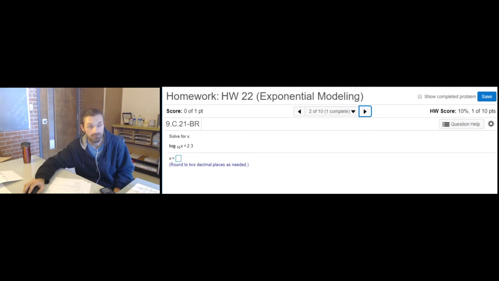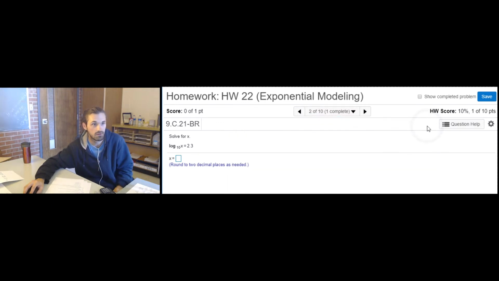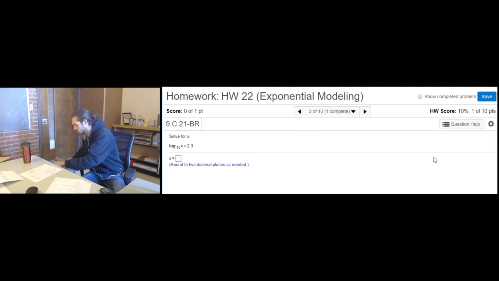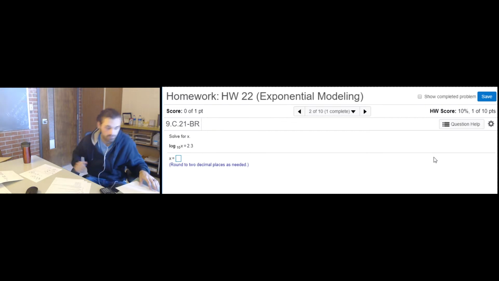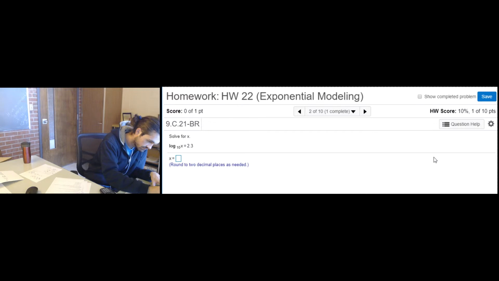Let's jump to number 4. Actually, we should probably go over this one as well. So what we have here is log base 10 of x is 2.3.